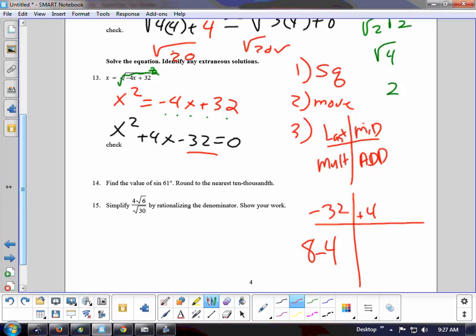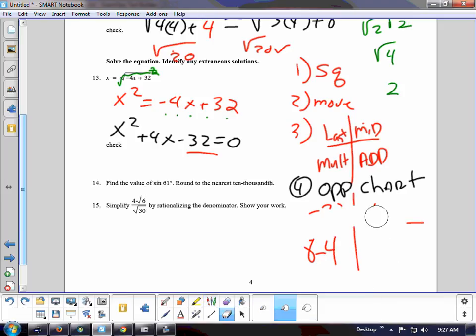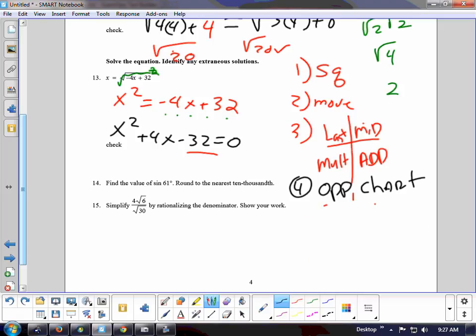Okay, that's my chart. That's great. But the answer to the question, which is the fourth step, is the opposite of the chart. So your answer is negative 8, positive 4.